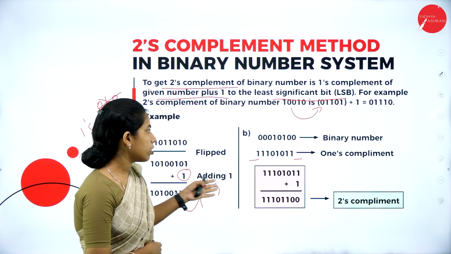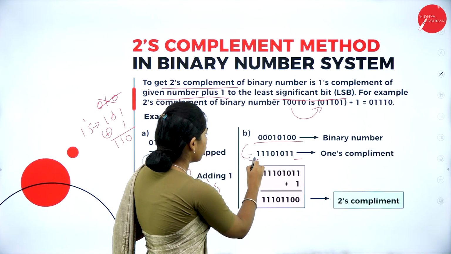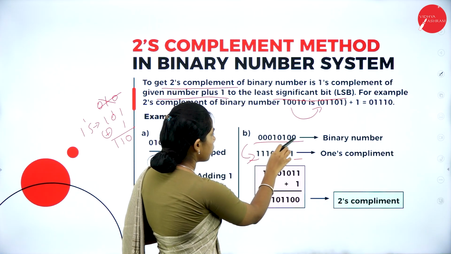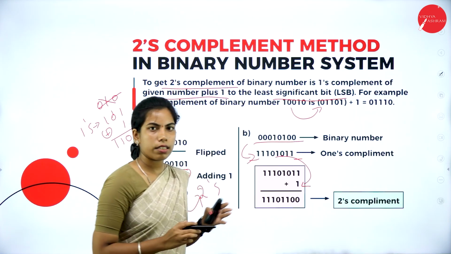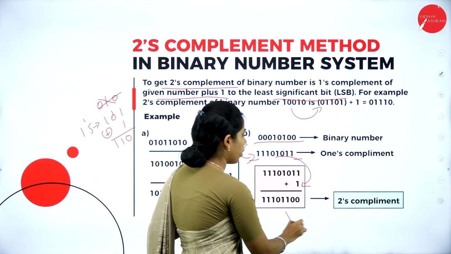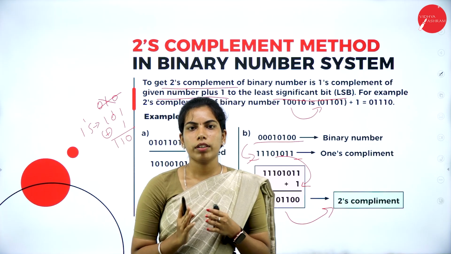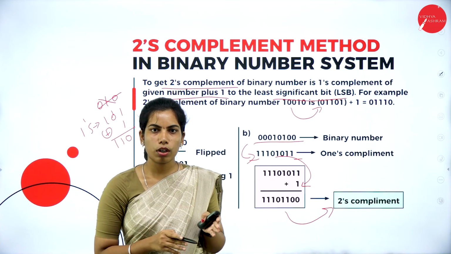And another example, here you can see this is the binary original number. When I convert into ones complement, 000 is 111, 10 is 01, 100 is 011. So when I add 1 to the least significant bit, this is your twos complement result. This is how you have to convert any binary number to ones complement and also twos complement.